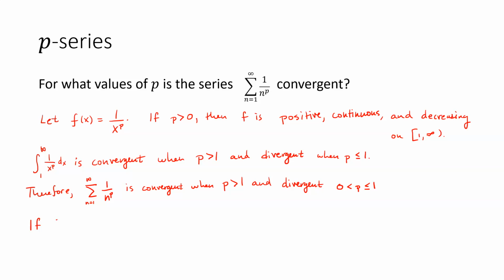So in that case we can use a different test. So if p is less than or equal to 0, then what happens when we take the limit as n goes to infinity of 1 over n to the p? Well, in this case, 1 over n to the p is going to have a negative exponent here, and in particular, you're going to get something that's not equal to 0.